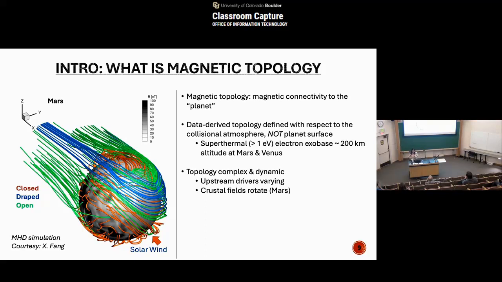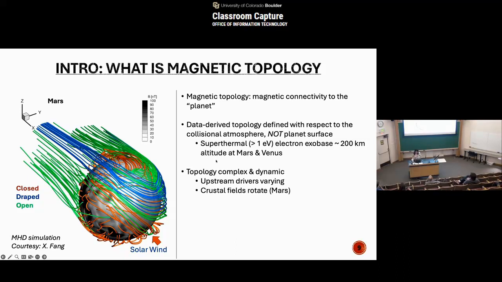This is because we use electrons to trace the magnetic connectivity, and these electrons are only free to move above the collisional atmosphere. At low altitudes, they are governed by local production and local loss, but at high altitudes, they can travel freely. We can even see electrons coming out from the atmosphere at thousands of kilometers.